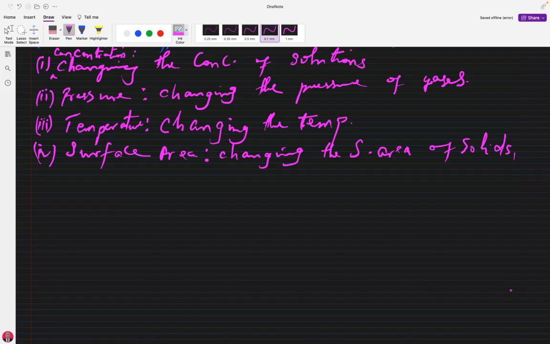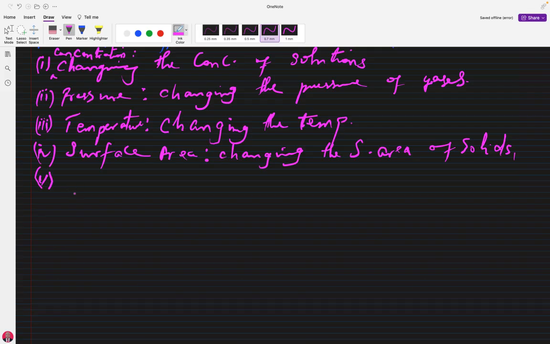Number 5, let me just give another one for you. Which one will you be able to remember in the exam? Number 5, enzyme, adding or removing a catalyst. Could be enzyme or could be a catalyst. In chemistry, we say catalyst.